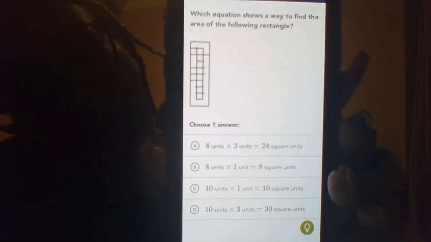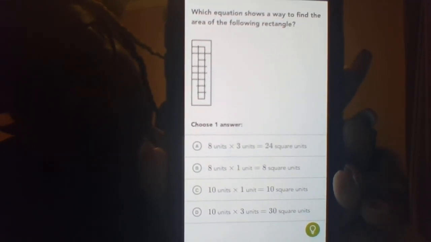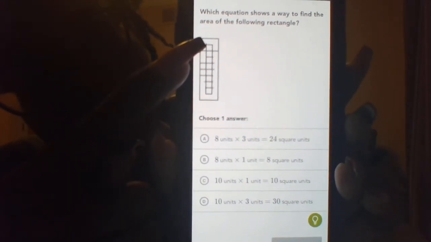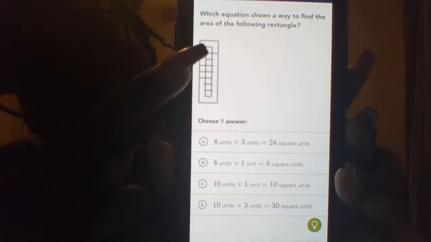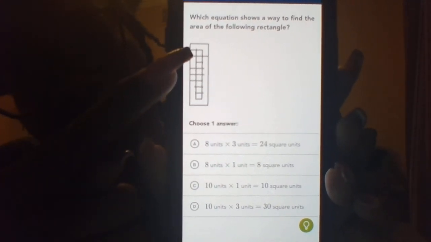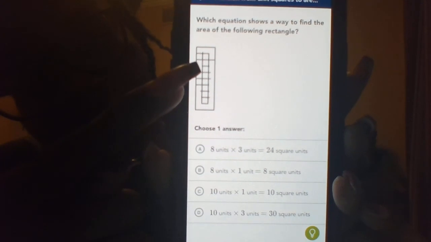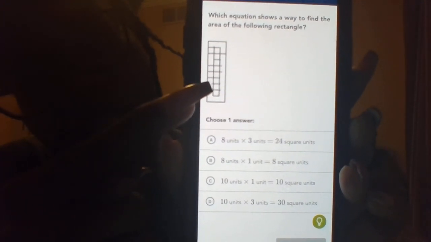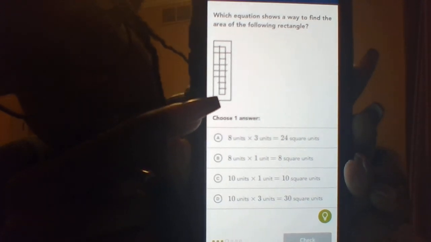So again, they give us another one. It's kind of jank where they don't have all the lines filled in, but we can work with it because we're fully capable individuals. So it says that we have 3 in each row. So 1, 2, 3. Now let's figure out how many columns we have. We have 1, 2, 3, 4, 5, 6, 7, 8, 9, 10.